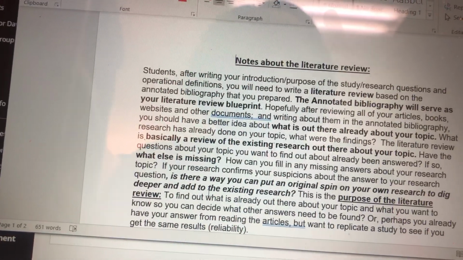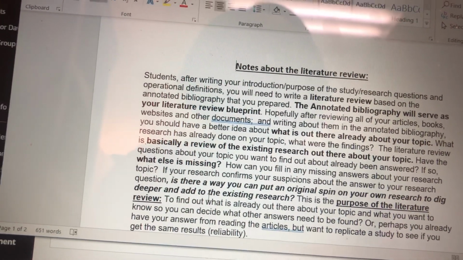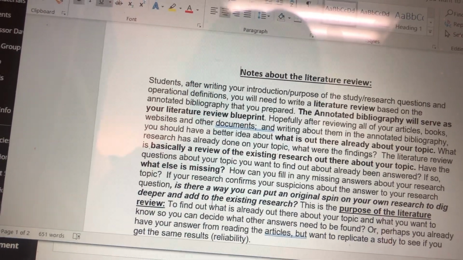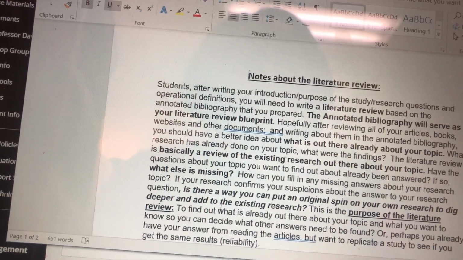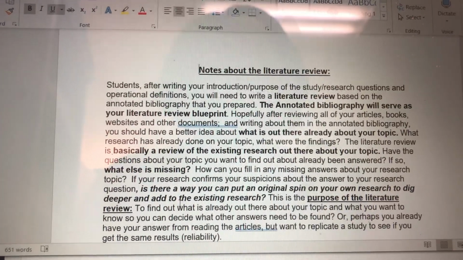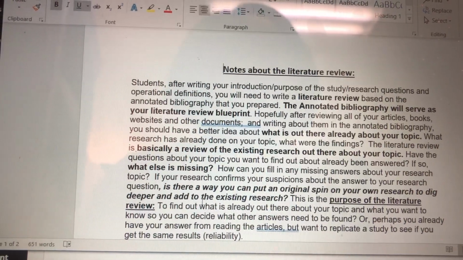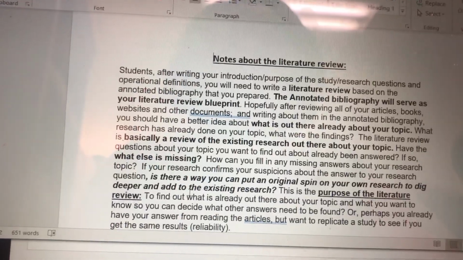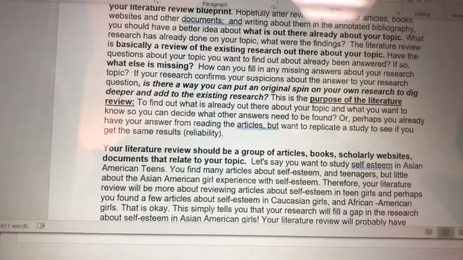Davis and Peterson in 2018, and Davis and Anderson also did a similar research study, and then talk about their findings. So you're really looking at similarities, and then you're also looking at differences in all of your articles, and then you're going to put them together.